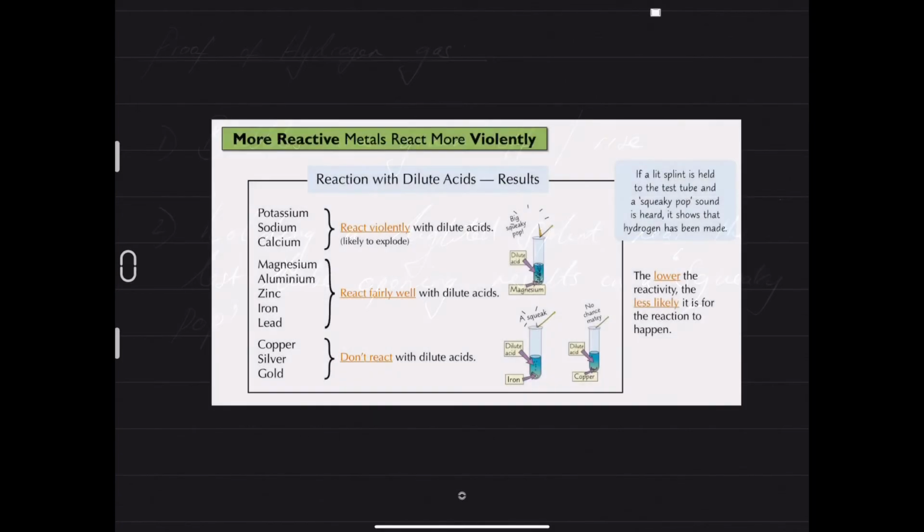You can see the reactivity series, the metals in order of reactivity, and you can also see their corresponding groupings in terms of how readily they will react with acids. Notice that potassium, sodium and calcium will react violently with your dilute acids, and you can see that it is likely to explode.